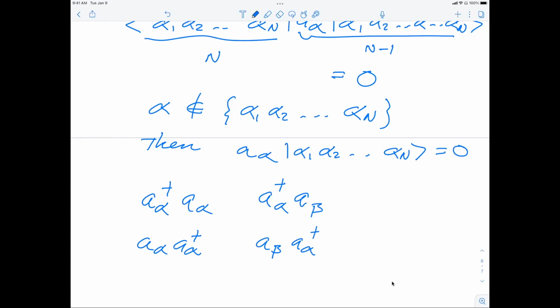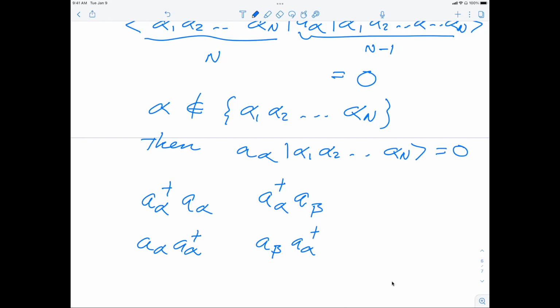So after the break, we are going to look at the cases when these different combinations act on a many-body state. And there will be different possibilities. If I have alpha and beta, then one of them can be contained, or both of them can be contained.